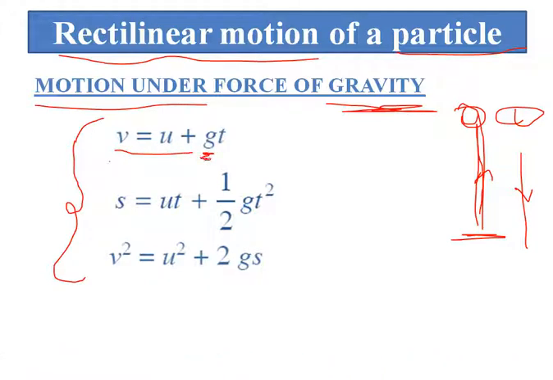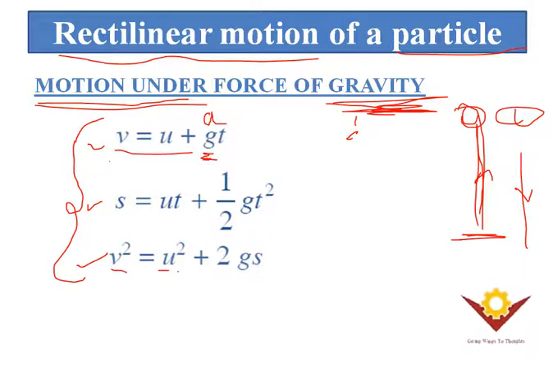Previously we saw a, which is acceleration, but here it is g, which is acceleration due to gravity. That's why we call this motion under gravity. The acceleration is due to gravity, so the motion is due to gravity. This is the equation for velocity, this is the equation for distance, and this is the relation between your initial and final velocities, acceleration, and the distance.